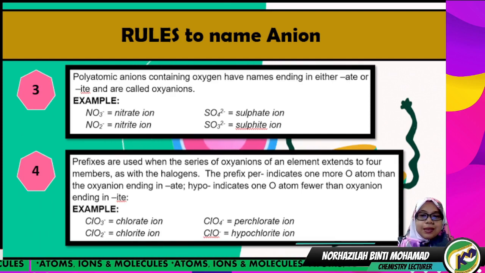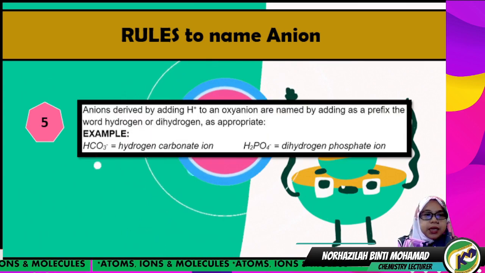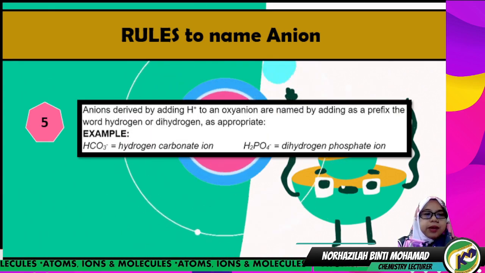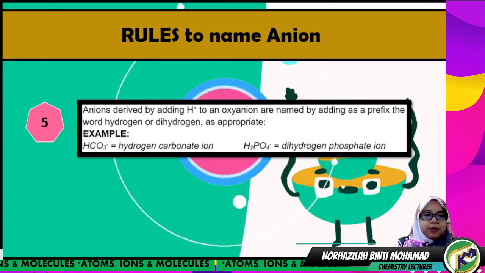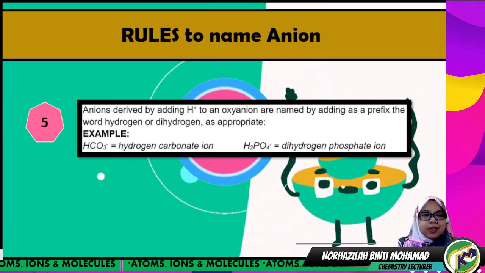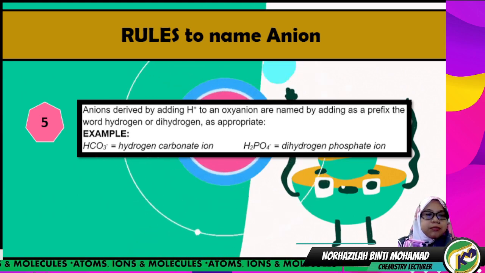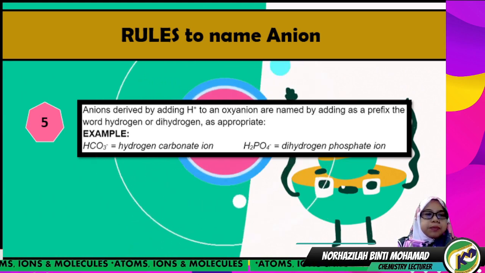Okay, so listen, if you don't understand, make sure you rewind this video. You need to listen very carefully to understand these statements. The fifth rule to name the anion: an ion derived by adding H plus to an oxyanion is named by adding as a prefix the word hydrogen or dihydrogen as appropriate.